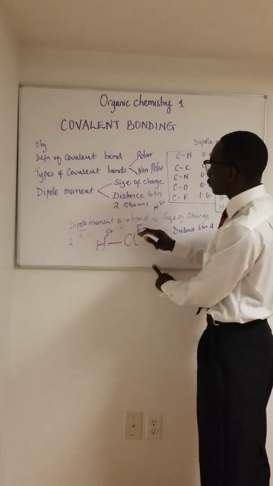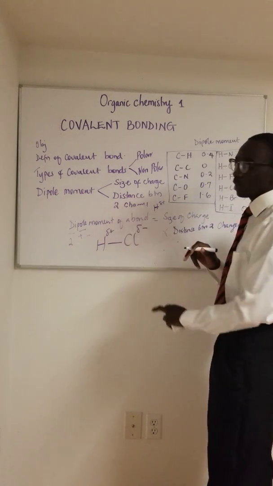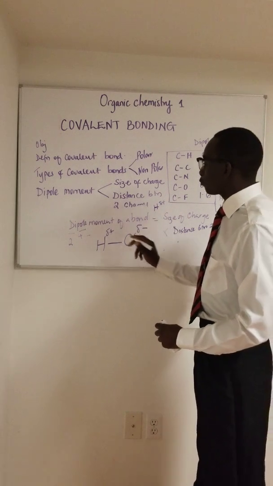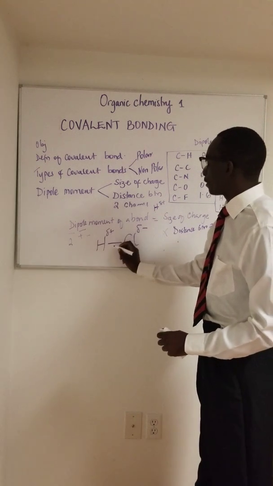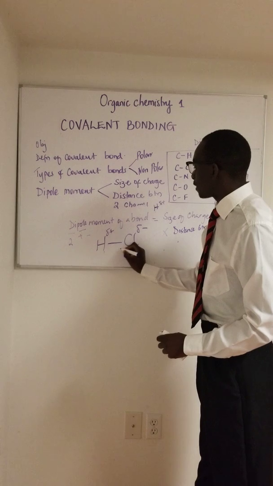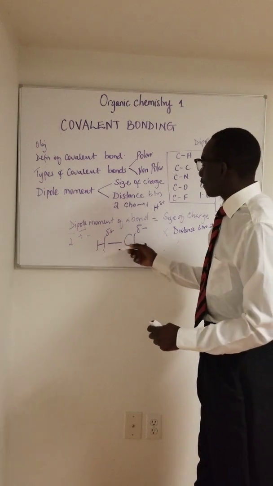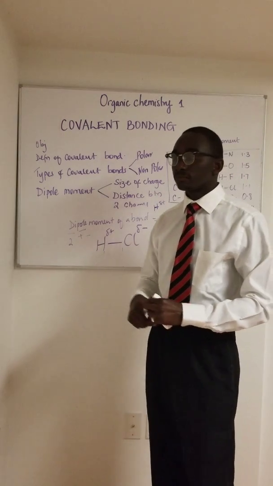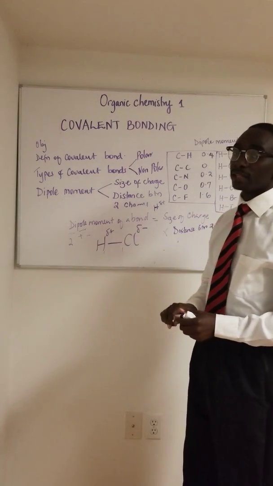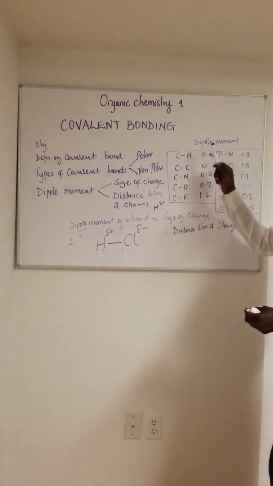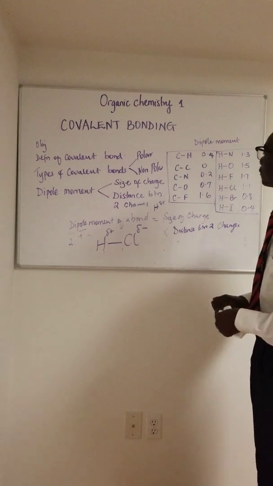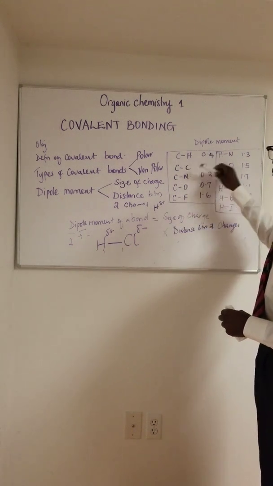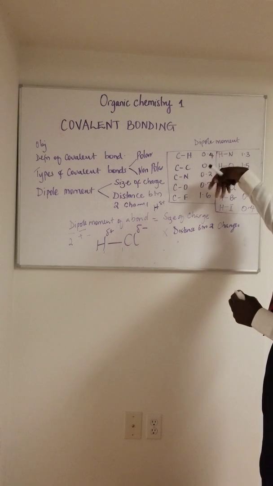So now these two are polar, right? And what we mean by dipole moment is how far they are from each other. So the farther they are from each other in terms of electronegativity, the greater the what? The dipole moment. So here I have some examples of dipole moments of elements, carbon and hydrogen specifically, with other elements.